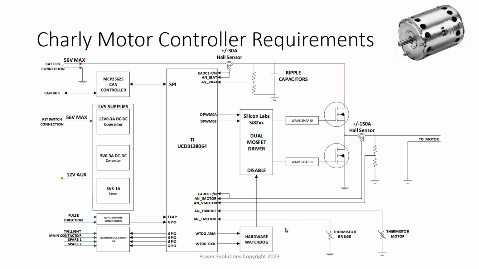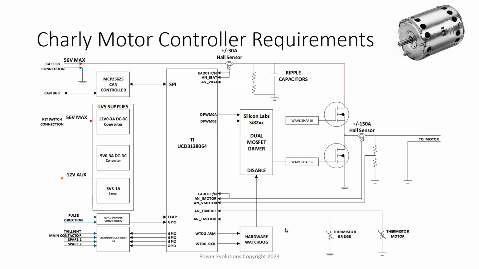It might be based on the interrupt status line coming off of the CAN controller. So if it's not kicking the hardware watchdog enough, then it'll just automatically disable the bridge. That makes sure that we don't have a dead controller that can't control the contactor and shut it down if necessary.